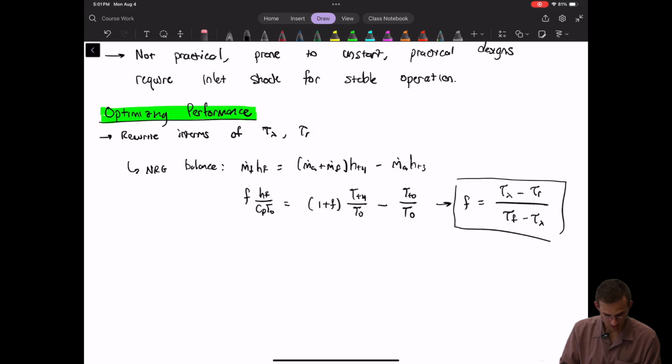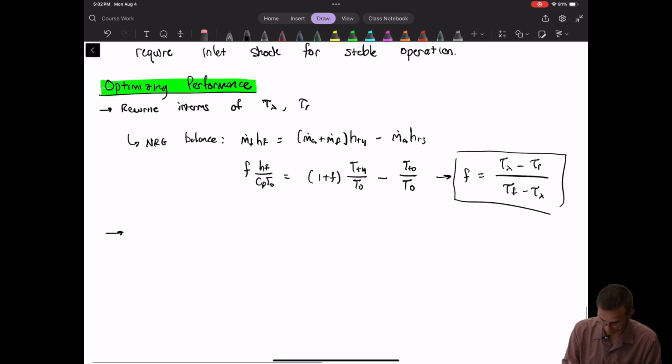So we will also keep in mind that this is a way that we can rewrite the entire thrust equation. A couple of things here. First off, we know that TE over T naught is equal to TTE over TT naught, which we can rewrite as tau lambda over tau r.